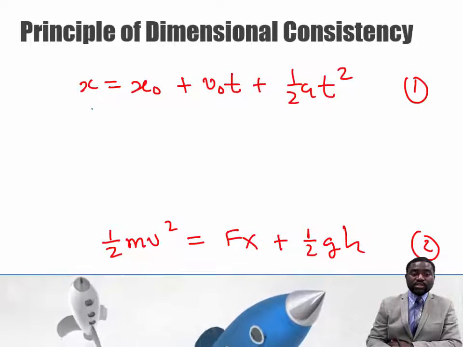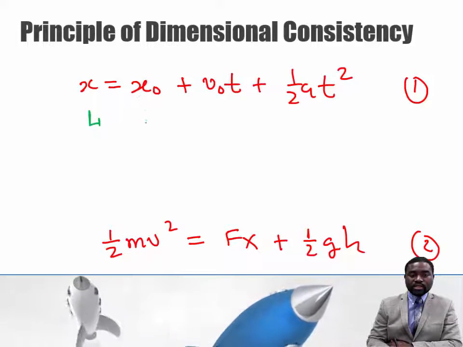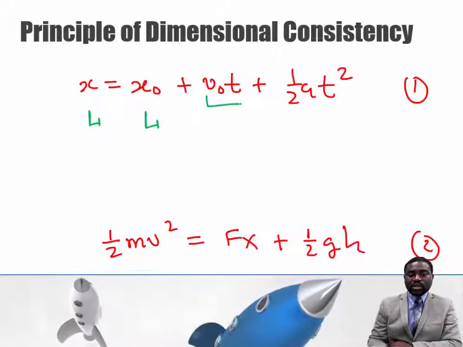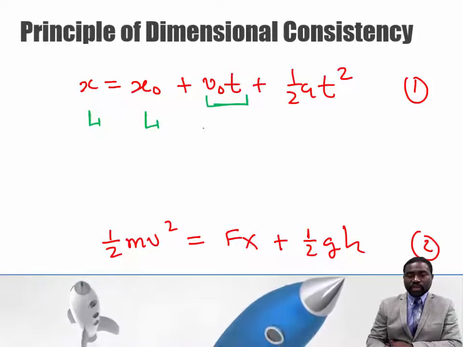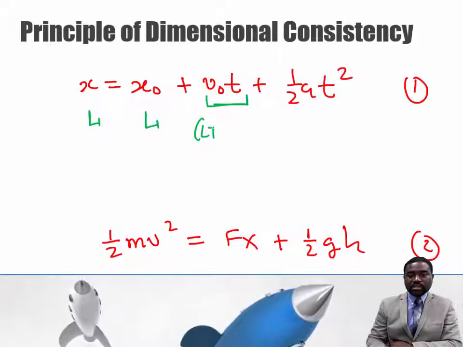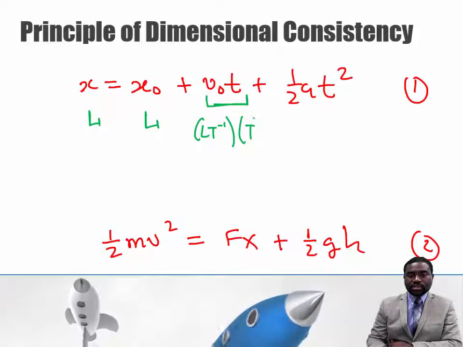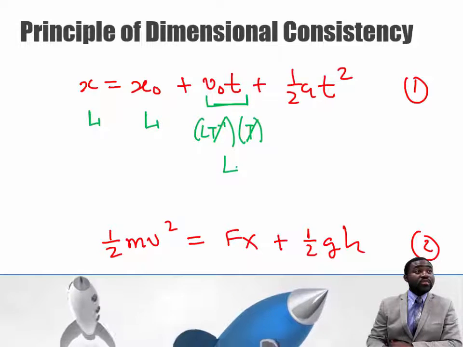This is distance, so the dimensions is L. This is distance, so the dimensions is L. Let us now calculate the dimensions of this term. If we do that, the dimensions of v, which stands for velocity, is what? LT minus 1. The dimensions of t is capital T. This guy takes care of this guy, and we end up with L.